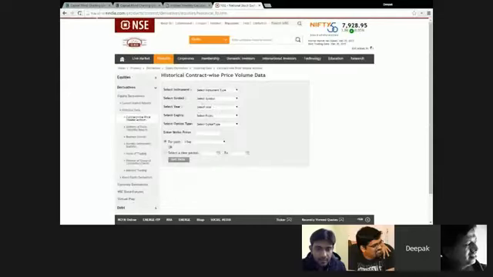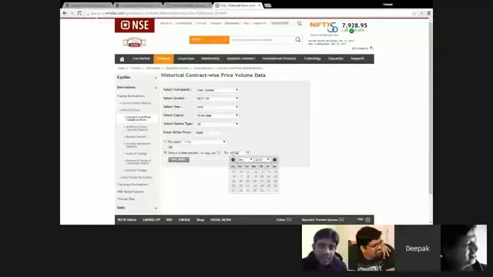I got index options on the Nifty for 2008, expiry September, and I want the 4,500 call for a time period of 2008 September 1 to 30. It will let you only download 3 months of data. So I'll do 2008, because I don't need anything further than that.